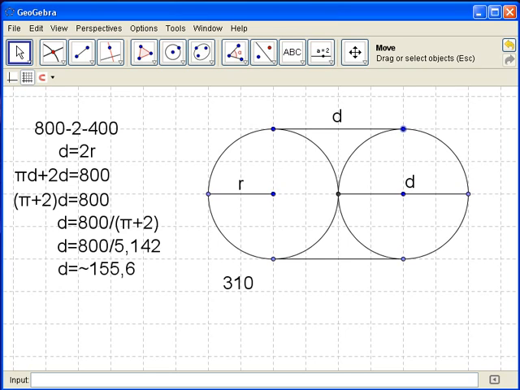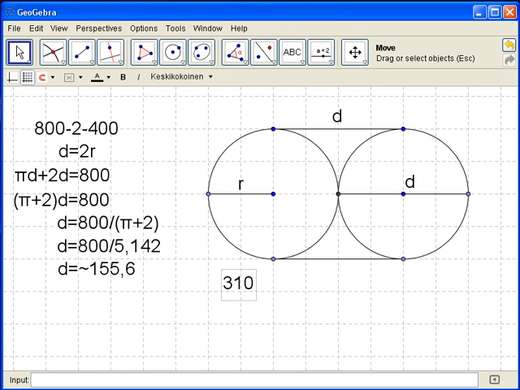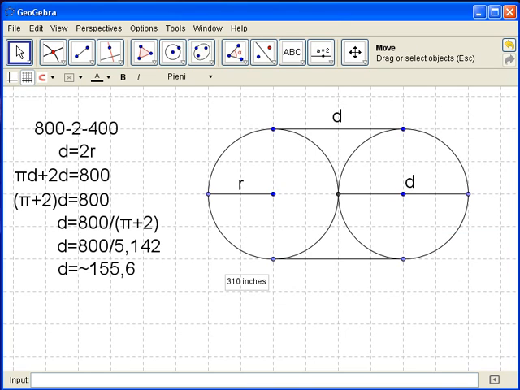And because I use the metric system, let's see. Okay, I can't seem to figure out how to do that. Oh, come on.